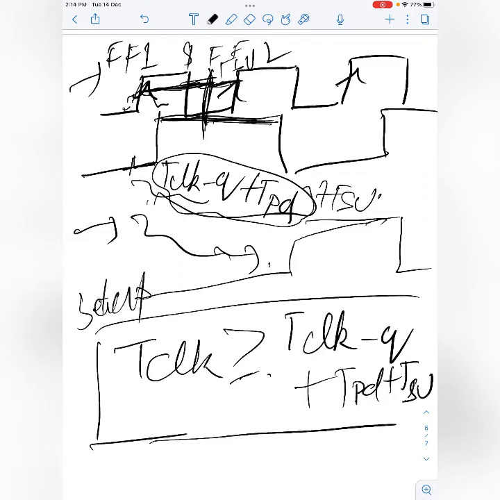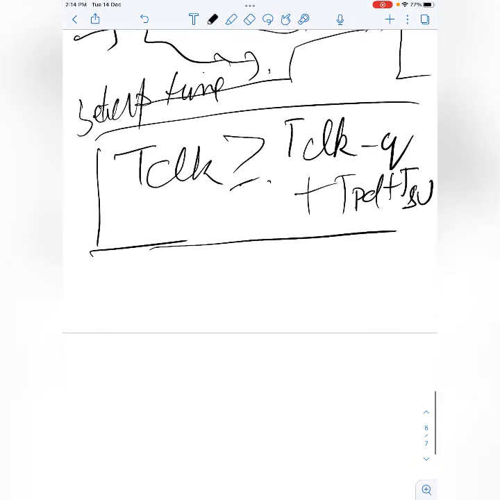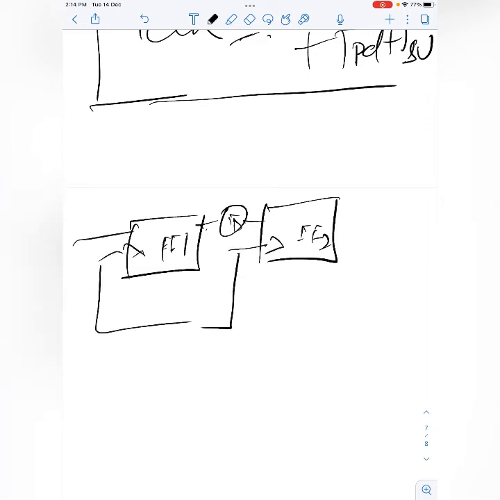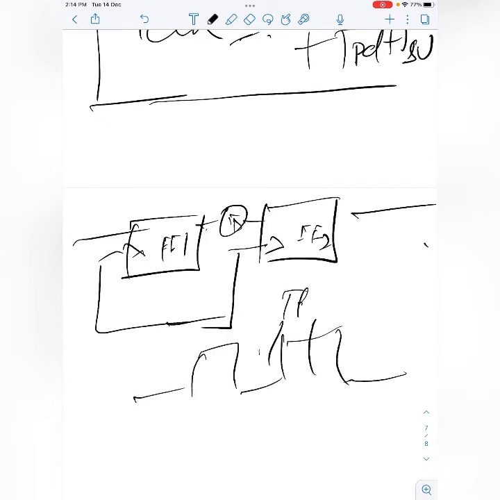Now again see these flip-flops, flip-flop 1, flip-flop 2, TPD, there is one clock here, input here. Now for the whole time, this is the clock and this is T hold. So our main intention is that a new value of input should not flow before this time. If it flows before this time, what will happen?